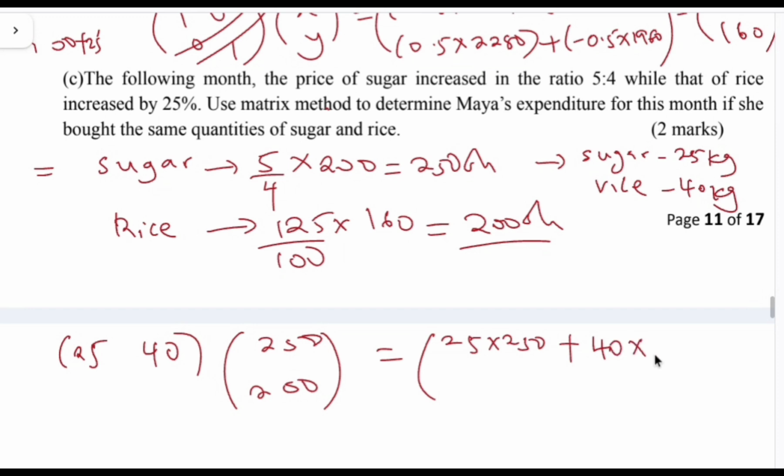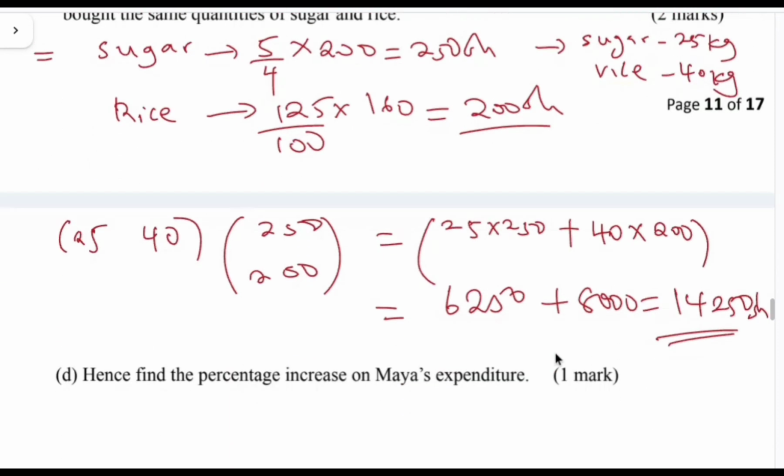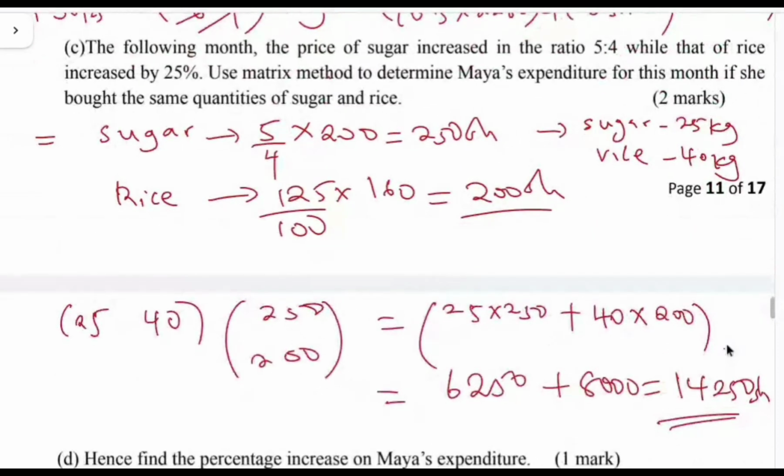Sote itakupa bei sote pamoja. So 250 times 25 with my calculator itakupa 6,250 plus 8,000. So total ni 14,250 shillings. Si tayari ushapata. So again 2 marks za bure.